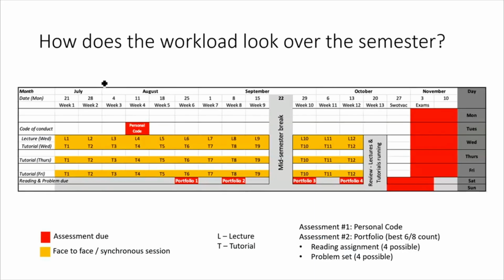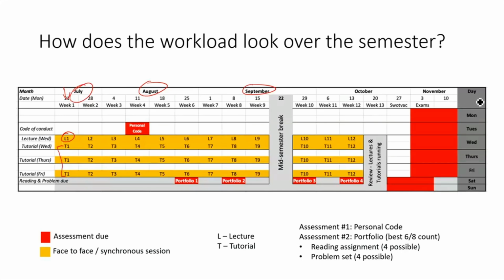In this table, you can get a sense of when things are due in terms of the semester week and when the lectures and tutorials take place. So you can see at the top we have each month and the date of the Monday of that week and the week, so week 1, and you'll know that our lectures are on Wednesdays, and then depending upon your tutorial, it's either on a Wednesday, Thursday, or Friday.